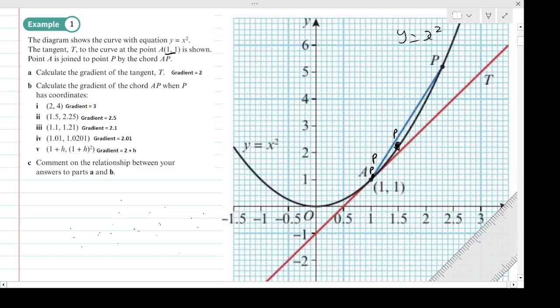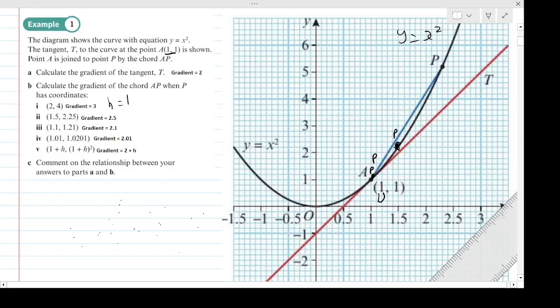Now, again, what I'm talking about here, this gap H, is basically the gap between A, which is when X is 1, and the X of P. So originally P was 2, right? So the gap would be H is equal to 1.